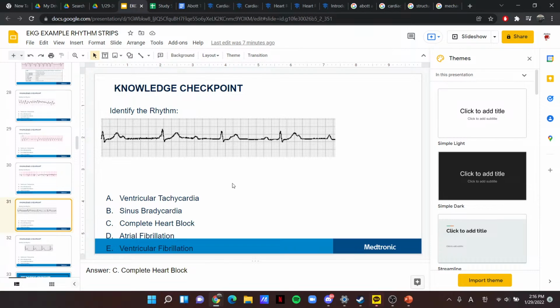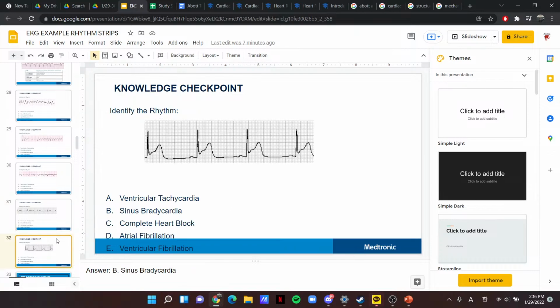This is what complete heart block looks like? I would not have guessed. Identify the rhythm. There is barely any P, but there is a Q, R. T is really high. It's really slow though, so it has to be a bradycardia.